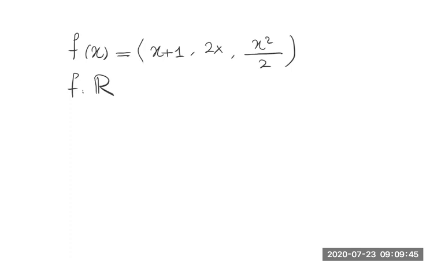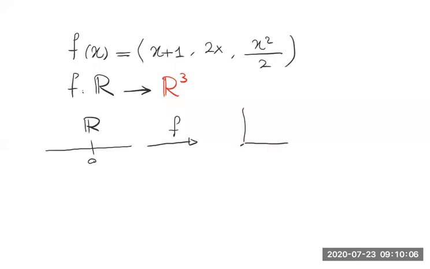As you can see, the domain is just a number. The target is R3. There are 3 components here. So f, its domain is just R. Its target is 3-dimensional space.